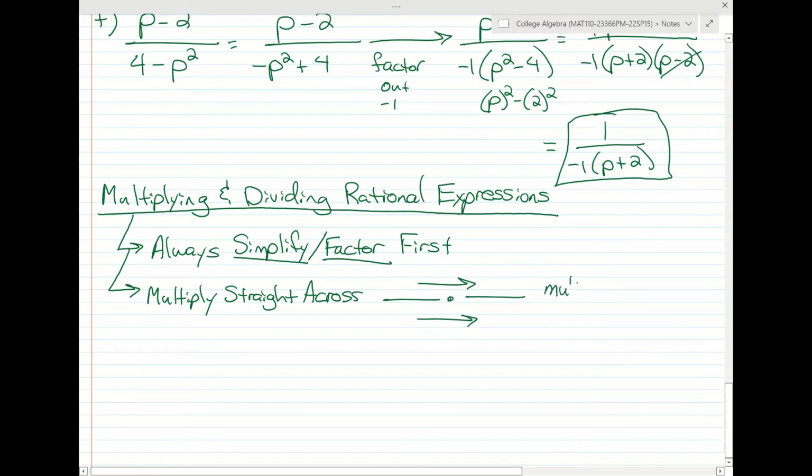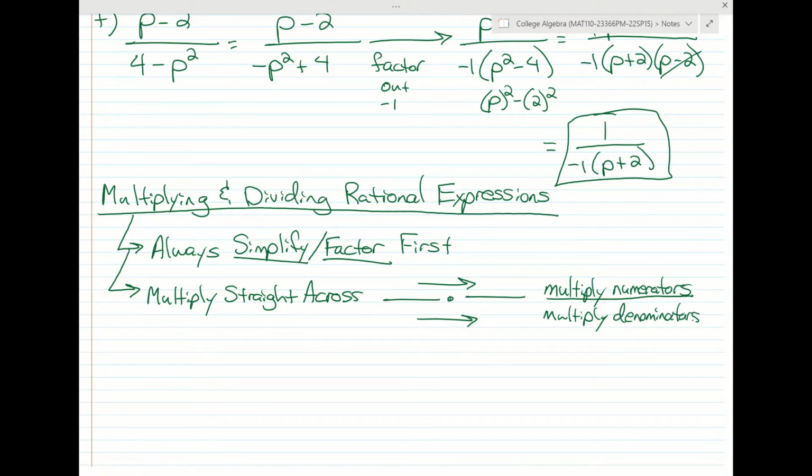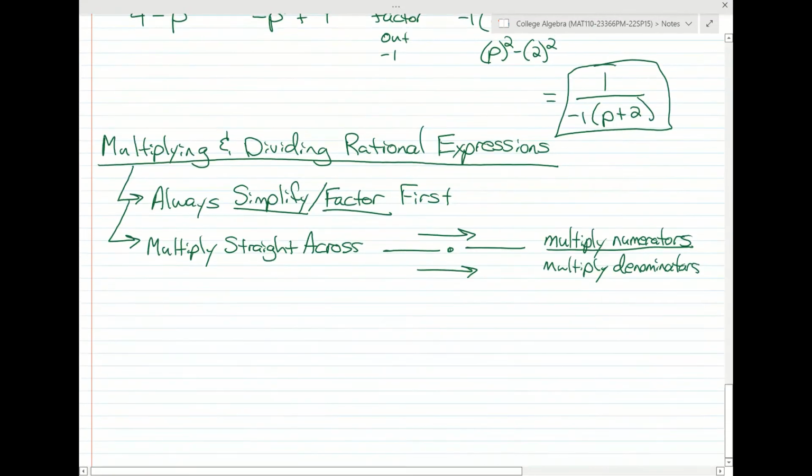We multiply numerators over, we multiply denominators. That's if you're multiplying.